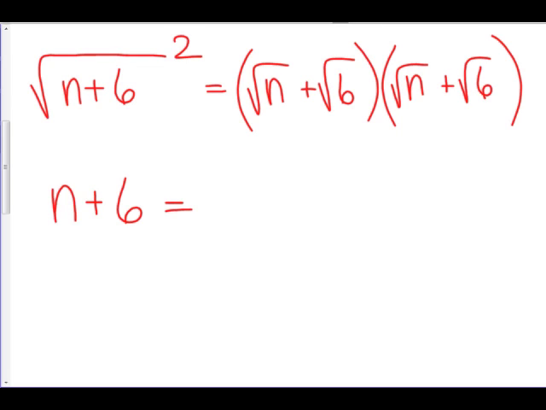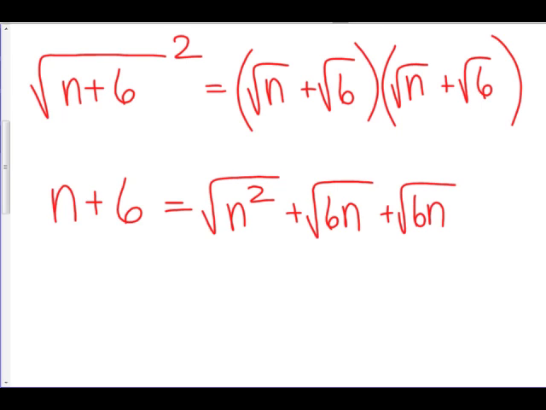Root n times root n is root n squared. Root n times root 6 is root 6n. Root 6 times root n is root 6n. And root 6 times root 6 is root 36. Now let's simplify things.